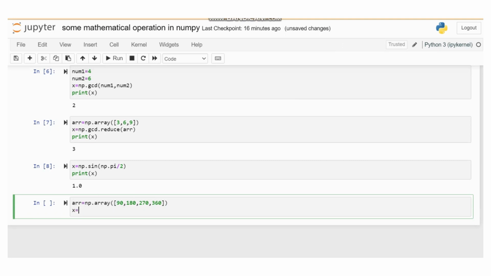Create another variable to store the radian values, converting degrees to radians.